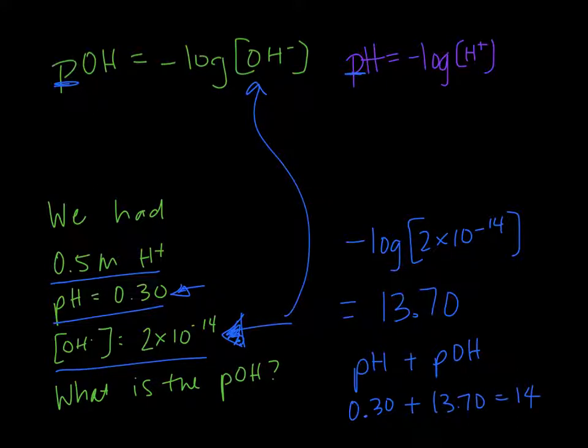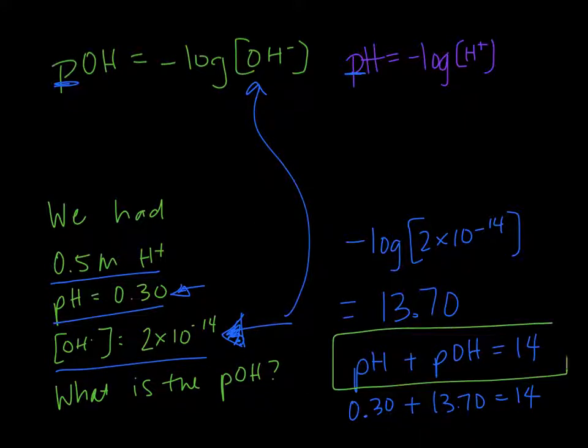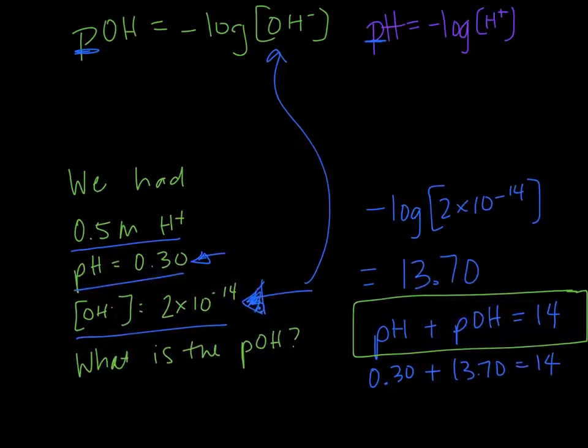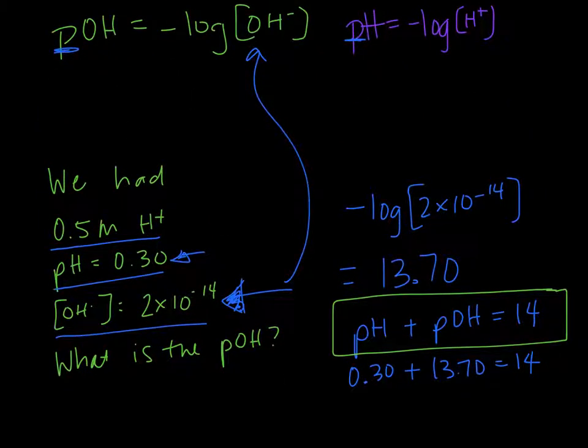And so the pH plus the pOH will always be 14. You may get a pH less than 0. You may get a pH greater than 14. And same for pOH. But as long as they add together to give 14, then you haven't made any mistakes. All right?